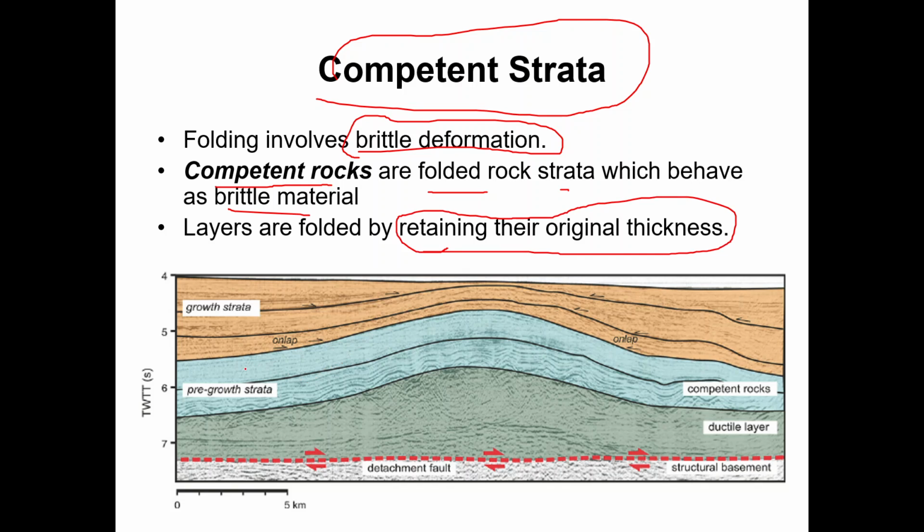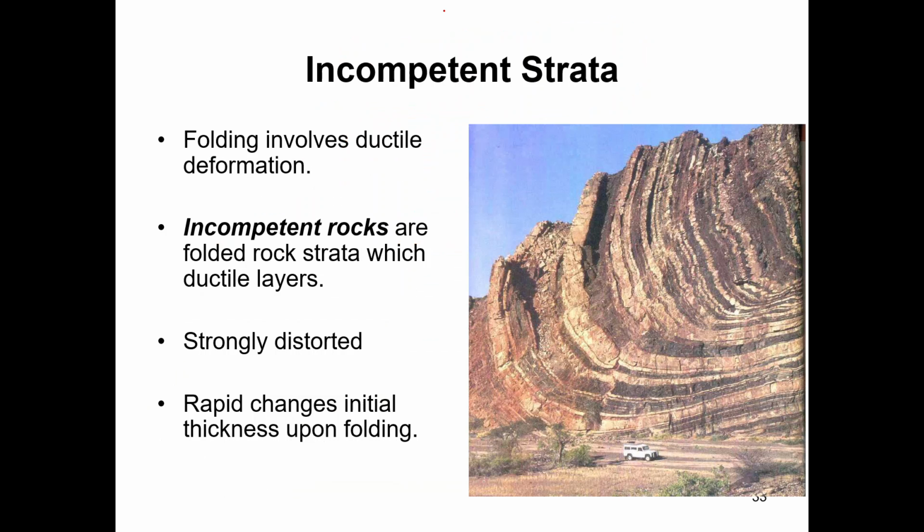Here, when we are folding this layer, the thickness of the layer on this side and this side is similar. It retains the original thickness. But we have another term, which we call incompetent strata.